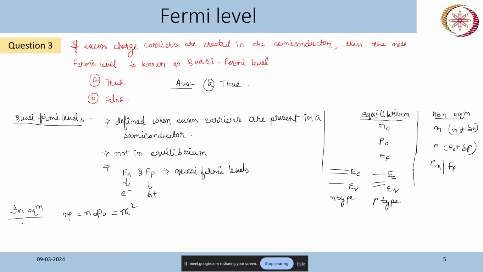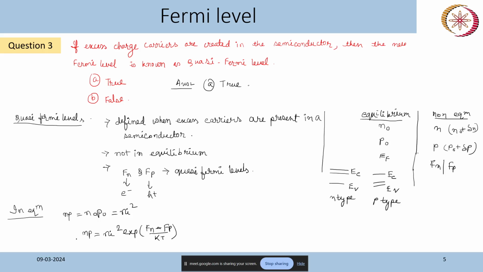When the system is not in equilibrium and there are excess carriers, the product of the electron concentration and hole concentration is given by Ni square times exponential of (Fn minus Fp) by kT.